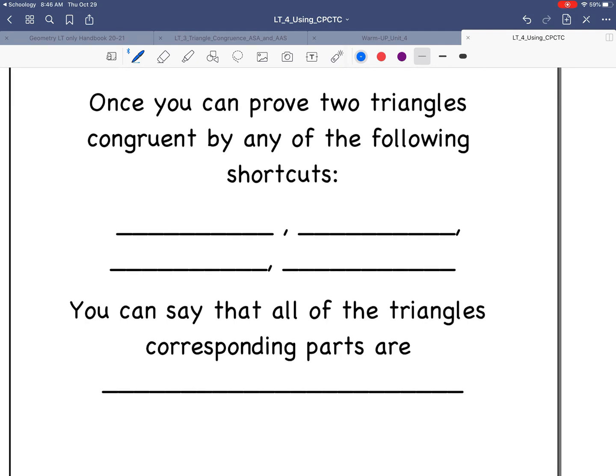Once you can prove two triangles congruent by any of the following shortcuts, let's list out the shortcuts we know to be true: side, side, side; side, angle, side; angle, side, angle; and angle, angle, side. I know that to be true because the two ways that don't work are donkeys on vacation.